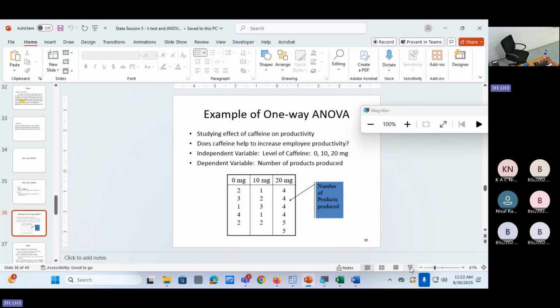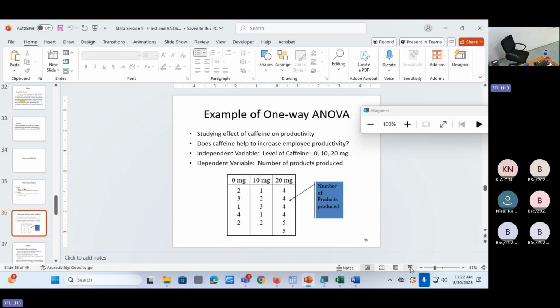If there were 2 groups, what test would you have done? An independent samples t-test, for 2 independent groups. But now there are more than 2 groups. You could do several t-tests, but if there are 4, 5, 6 groups, the number of combinations becomes exponential and you have to compare a lot, which is not ideal.